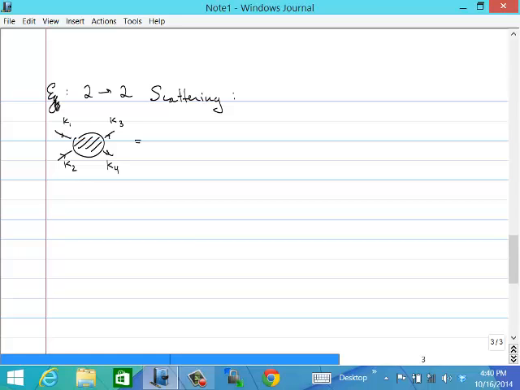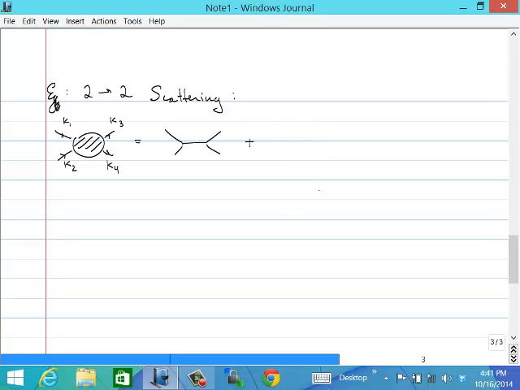Of course, there are disconnected diagrams where k1 just goes to k3 and k2 to k4, or k1 to k4 and k2 to k3. But if one is only interested in connected diagrams, then at leading order, that is to say, at order quadratic in the coupling, there are going to be three diagrams that contribute.